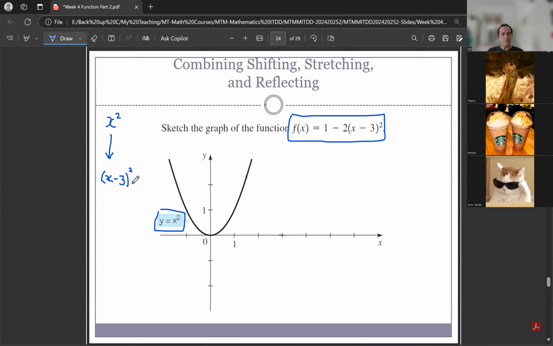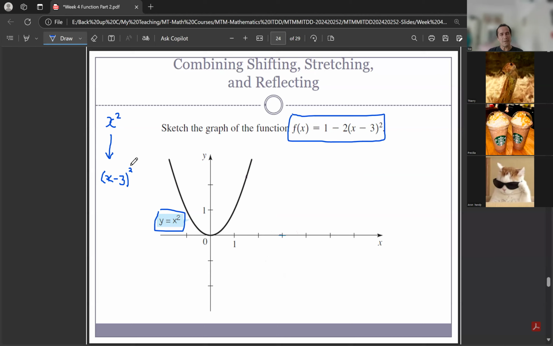I want to ask you, what happened in this step from x squared to (x minus 3) squared?